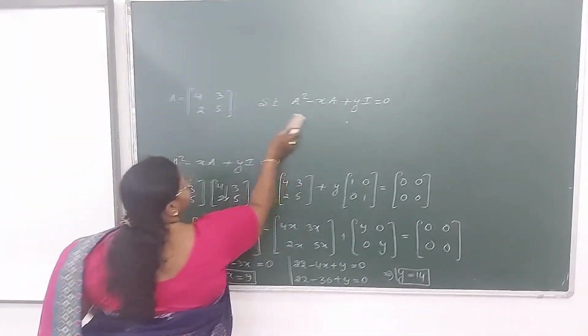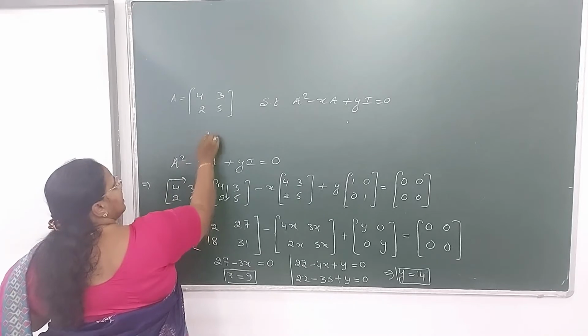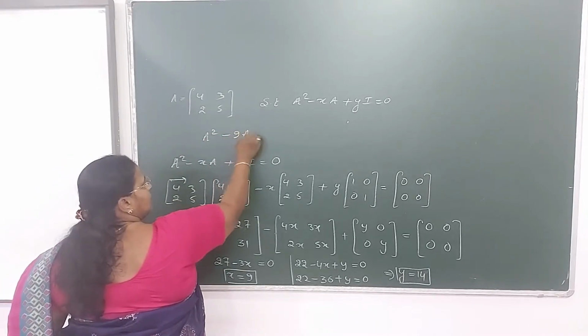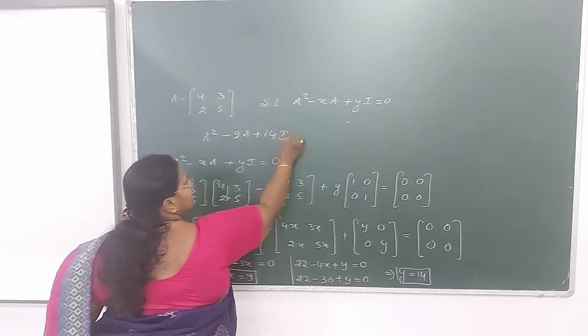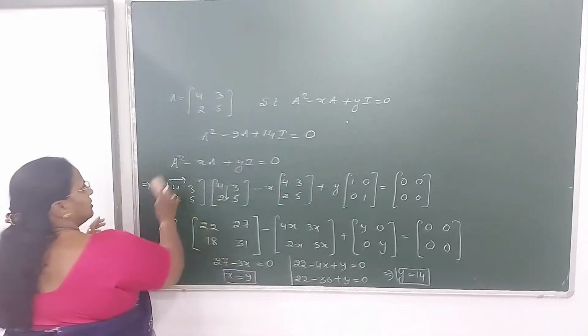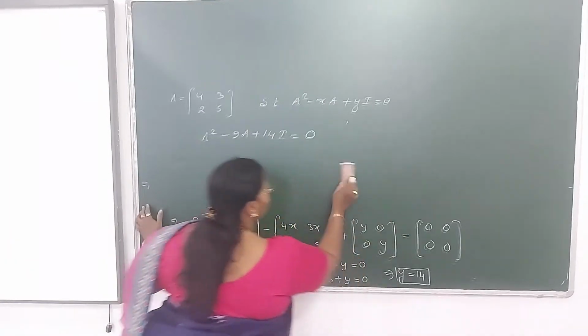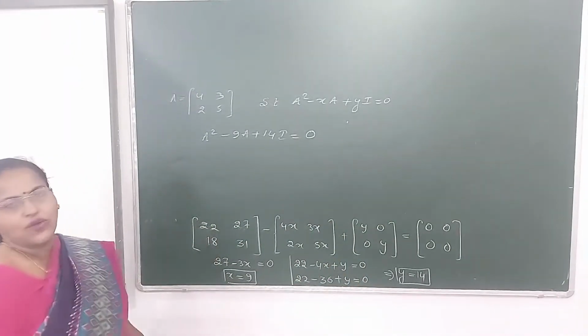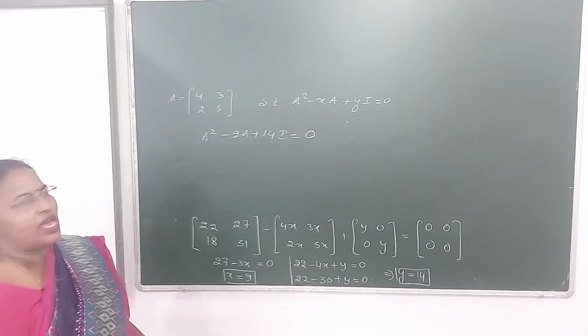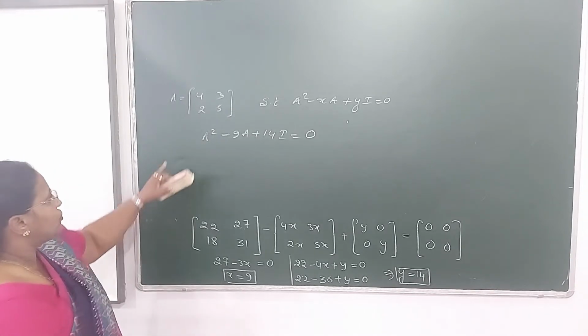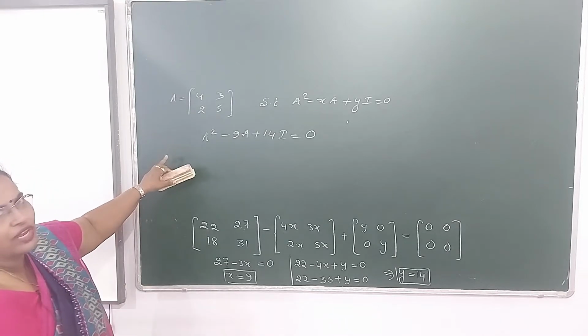So substituting the values here, you will get A square minus 9A plus 14 times I is equal to the null matrix. Now this is the equation we have obtained. Now what to do? Using this equation you have to get the value of A inverse.